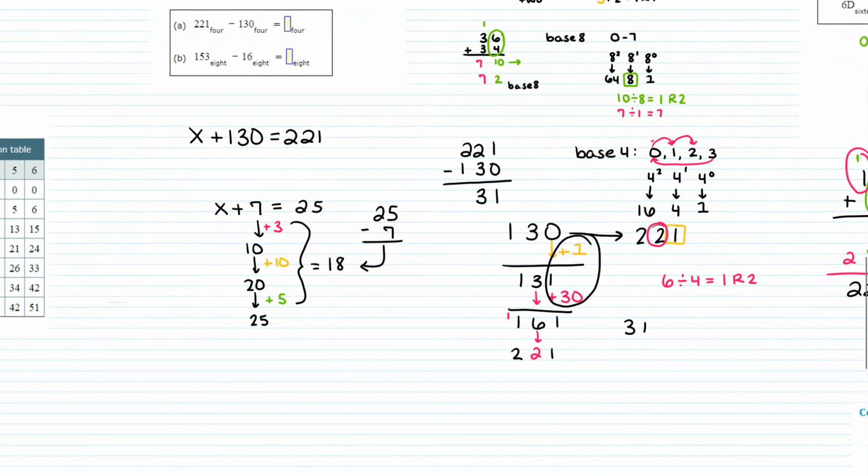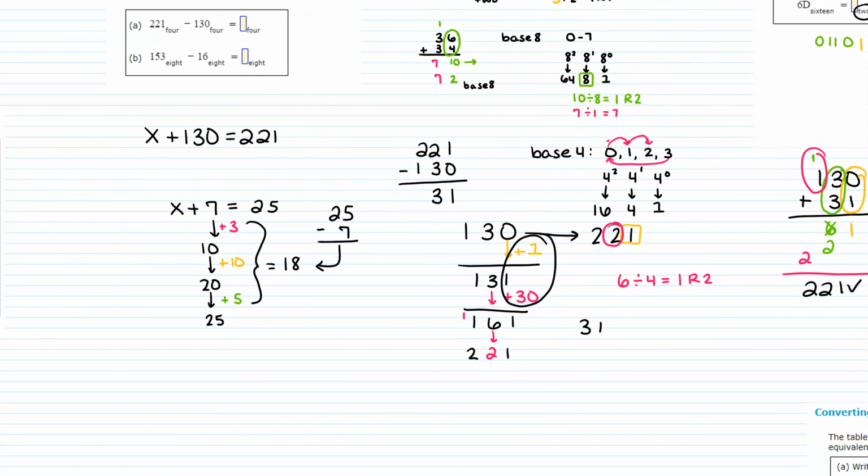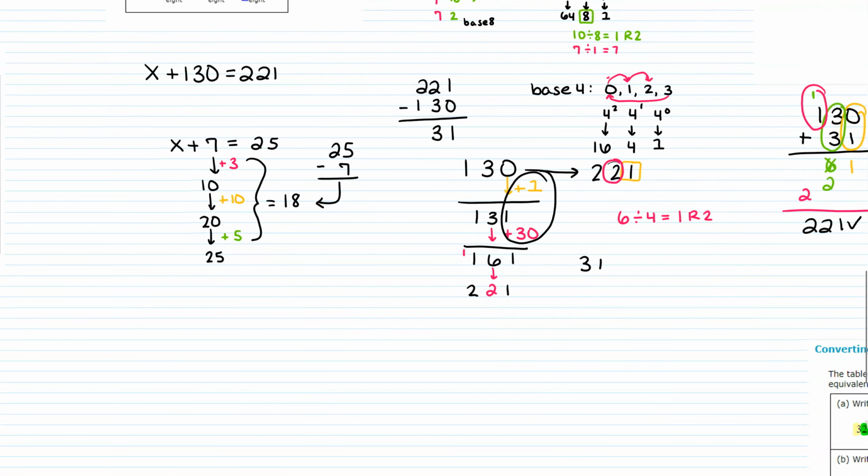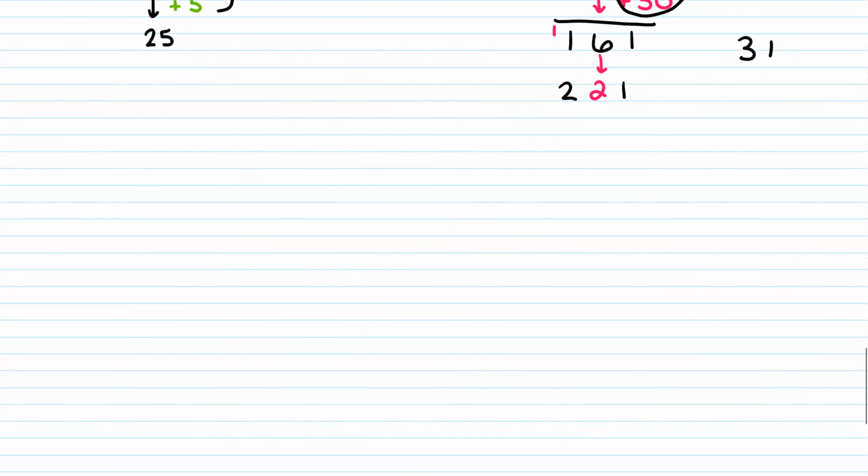Let's do 153 minus 16 in base 8. So base 8 is 0 through 7.